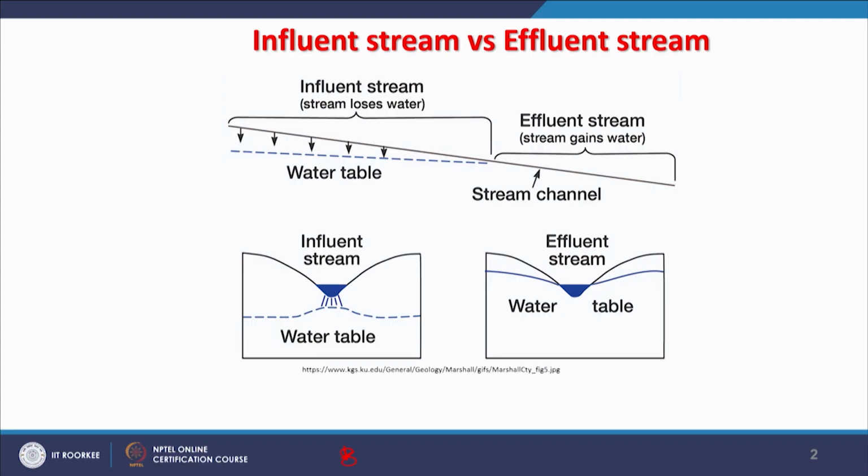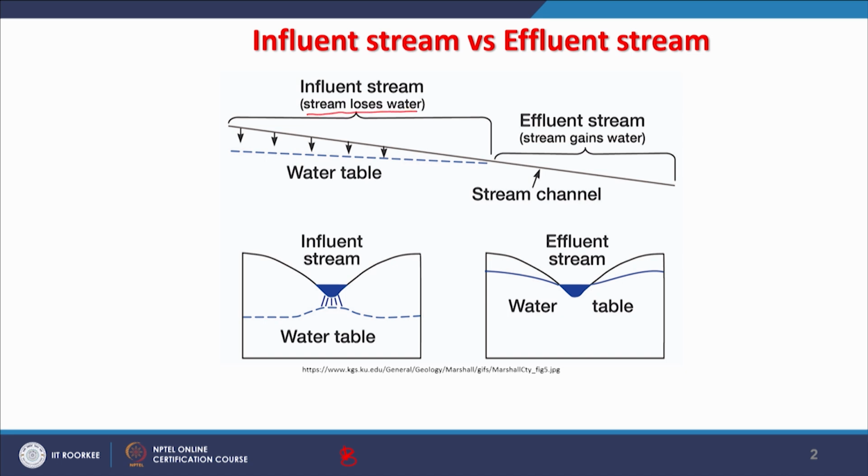So, it depends again on slope conditions, geologic conditions, and of course, the discharge also. It is not necessary that a stream will always be influent throughout its length or effluent throughout its length, not at all.